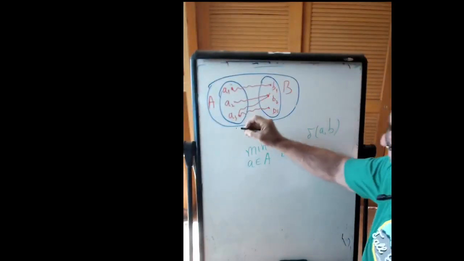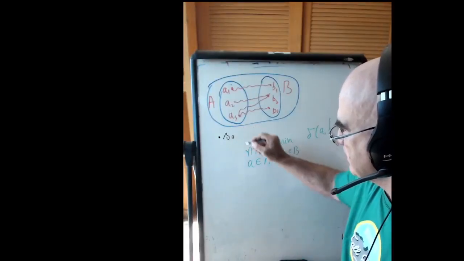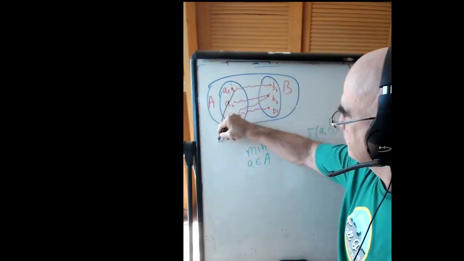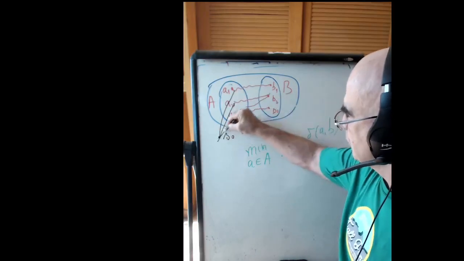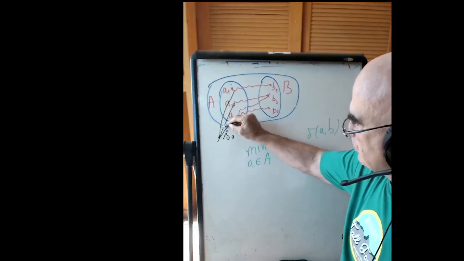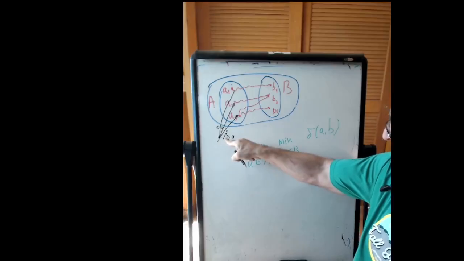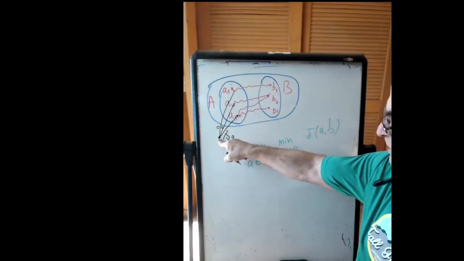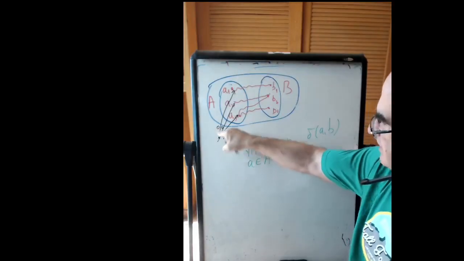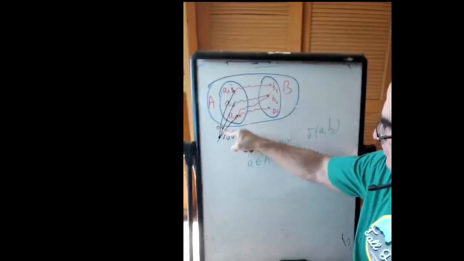So the solution goes as follows: add one new vertex that I'll call S0, and connect it by an edge to every vertex of A, and the weight of each one of these edges is 0. So again, S0 is a vertex that was not in the graph originally. I just added this vertex, and I connect S0 only to the vertices of A, and the cost of this edge is 0.